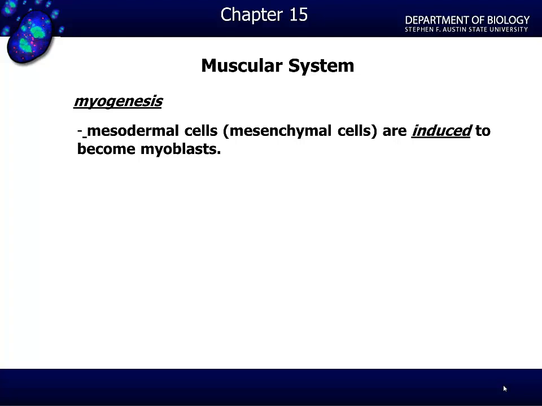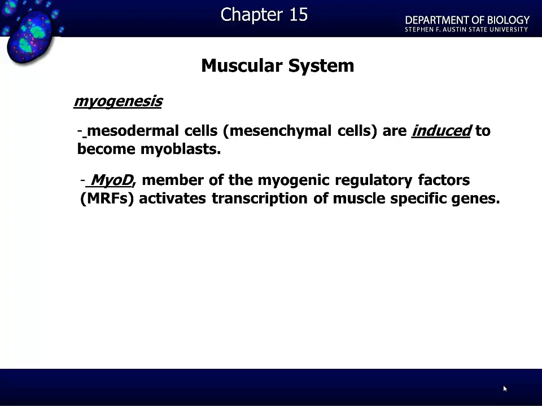Now, this is not like chondroblasts, chondrocytes, and osteocytes. What we're going to do with our myocytes, particularly with our skeletal muscle, and that's what we're going to predominantly be talking about, these myoblasts are going to be induced by a huge number of regulatory factors, and we are actually going to cover some slides that are in the most brand new textbook, not in yours, and we'll get to those in a bit.